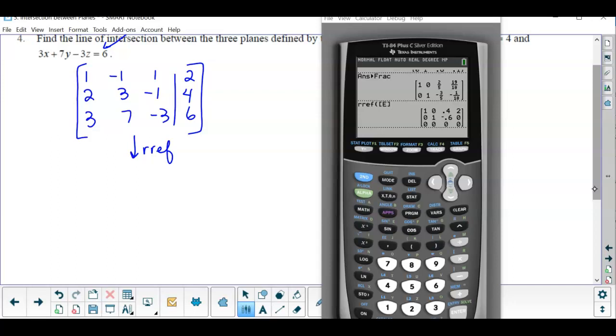We're told it's a line. That's confirmed.